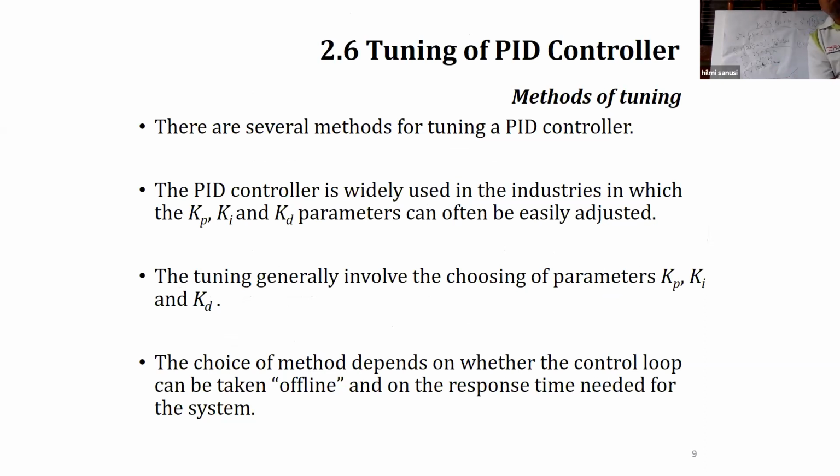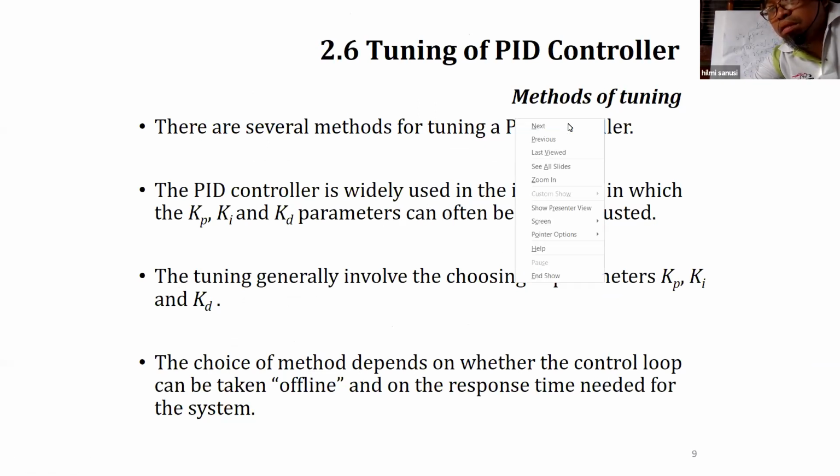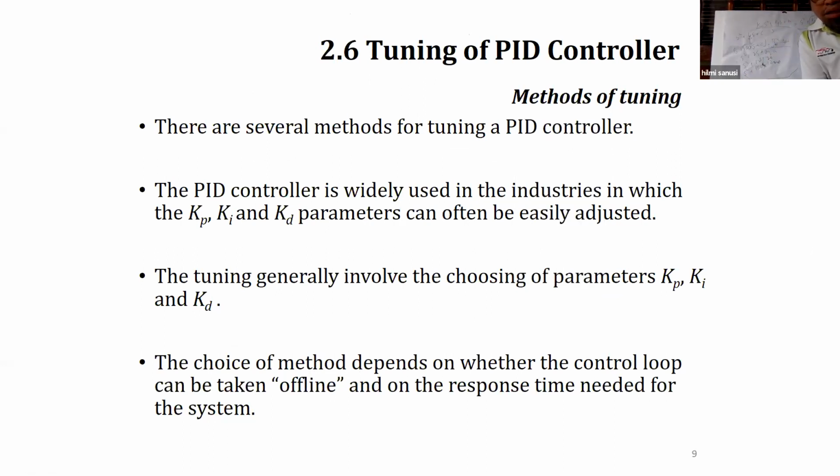Okay, macam mana kita nak tune PID controller? There are a few methods of fine tuning the PID controller. So the PID controller, kita nak tune generate info using the parameter for KP, KI dengan KD.